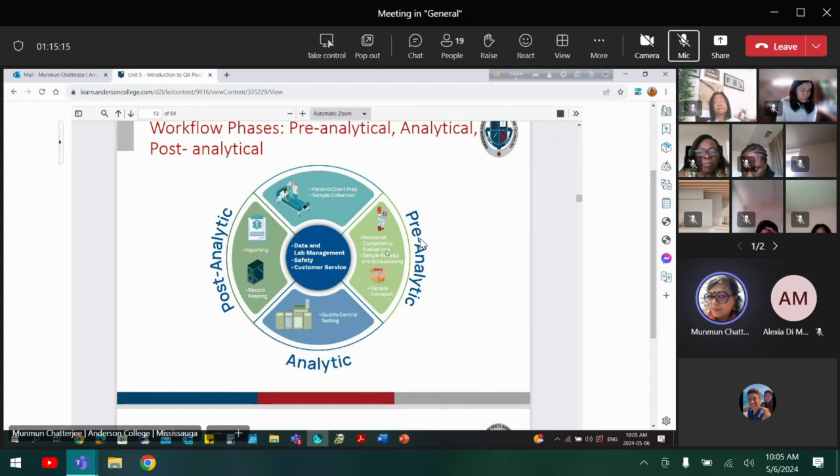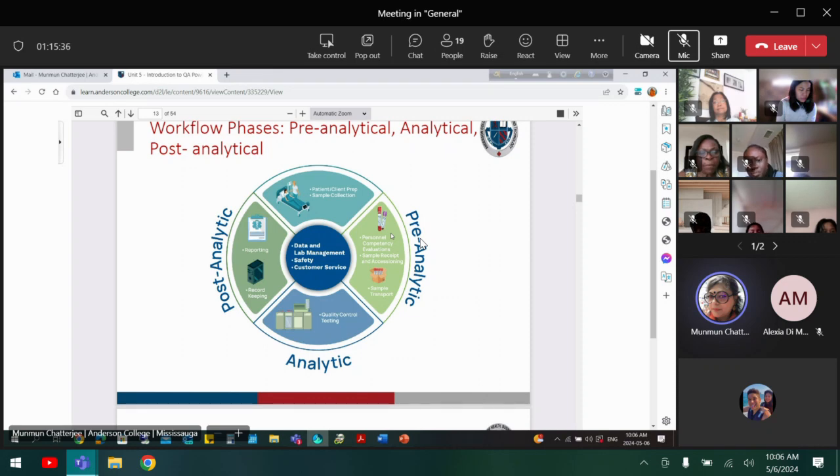So personnel competency evaluation, what I told you: when you are collecting the blood or urine or body fluid or wound fluid, you have to have sufficient knowledge of what you are collecting, what the criteria are, what the patient identification is, everything I am telling you several times.